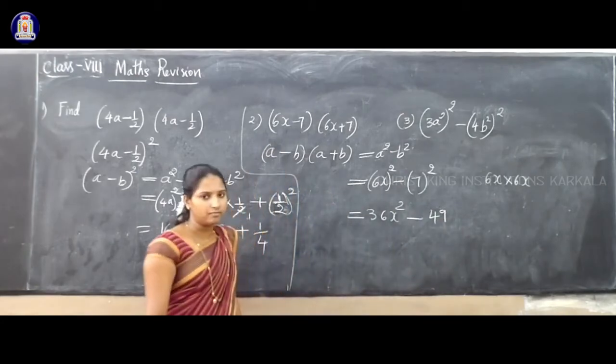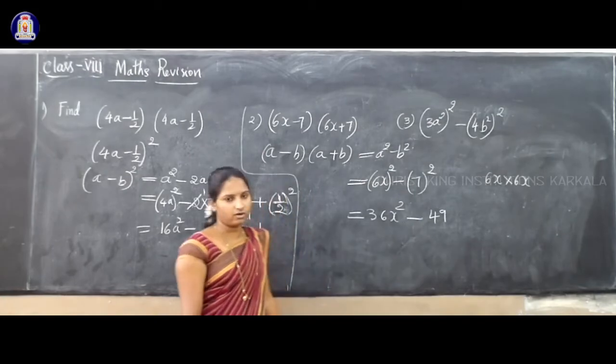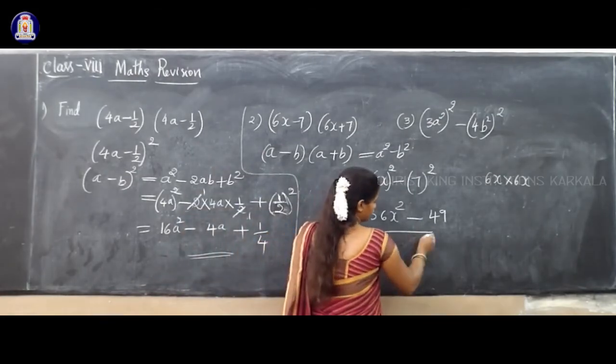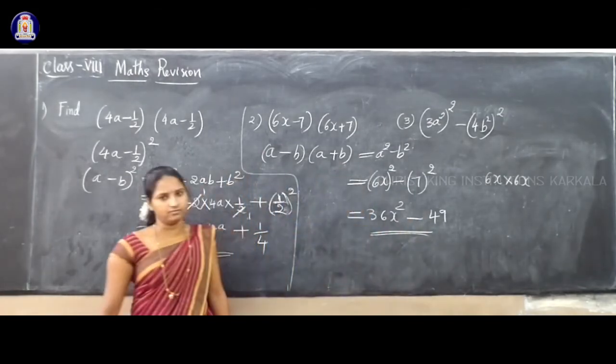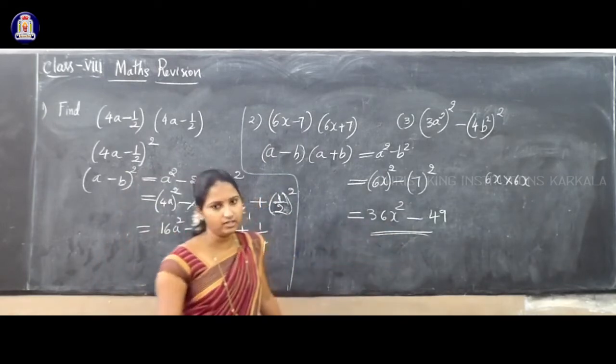The next step, can you simplify this? Can you add or subtract the terms? No, we cannot add. So this is the final answer because they are unlike terms. Okay? So we cannot add these two terms. So this is the final answer.